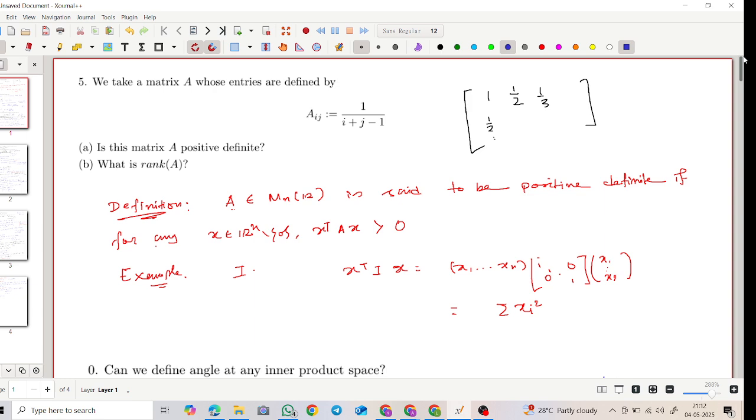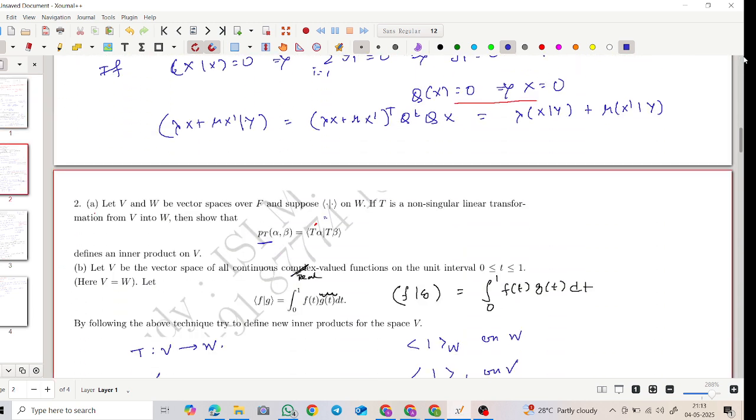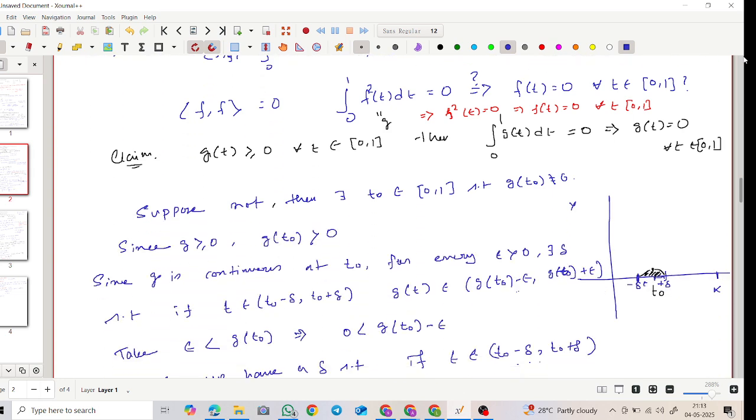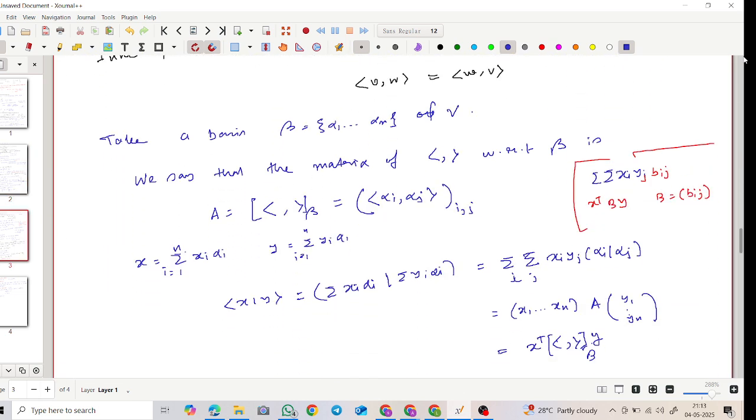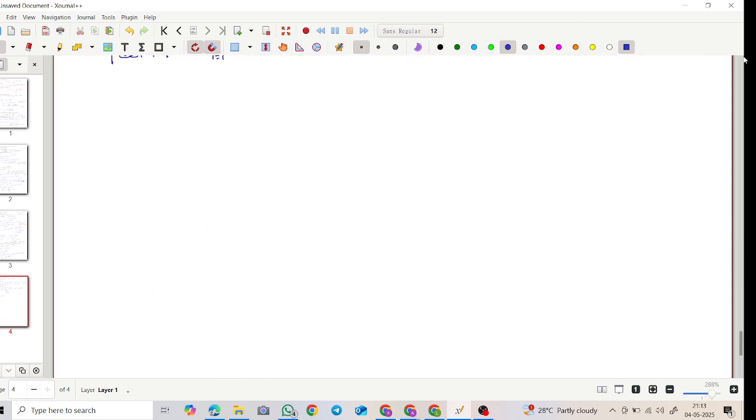Okay, suppose I have this matrix, 1 by 2 up to 1 by n, and so on.